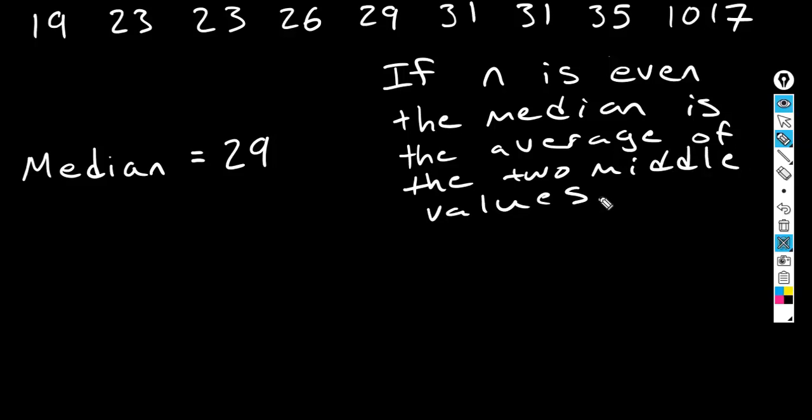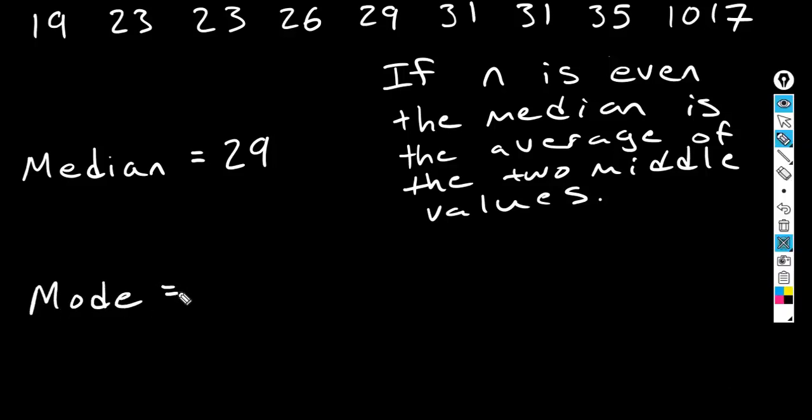Because if you have an even sample size, you're not going to have one value that's directly in the middle with an even number of observations on each side of it, like we did here. You're going to have two numbers that fall in the middle, and so you just take the average of those, and that's how we get our median.